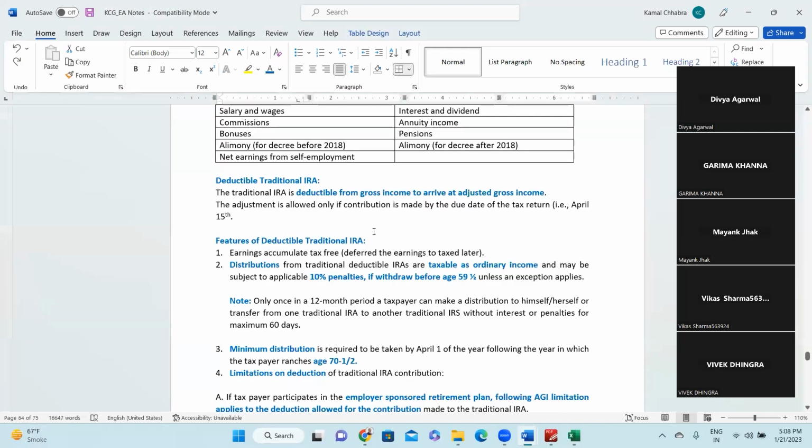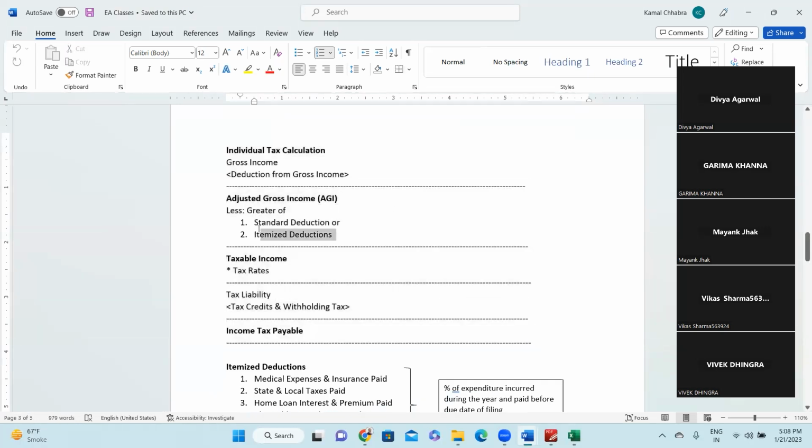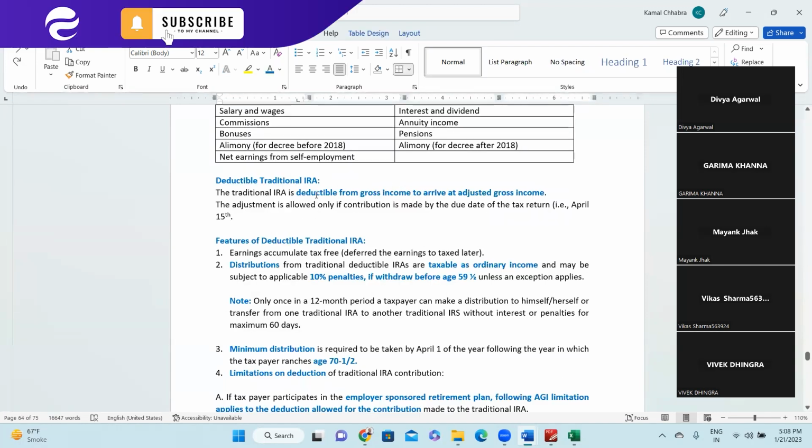Here the traditional IRA comes as a deduction from the gross income to arrive at adjusted gross income.